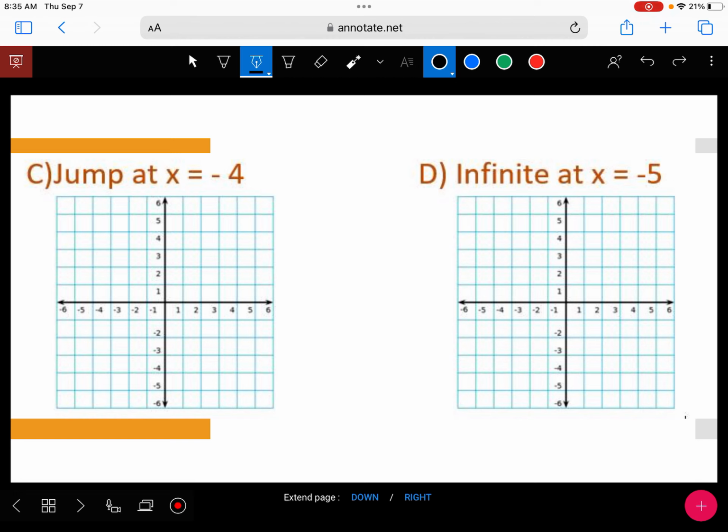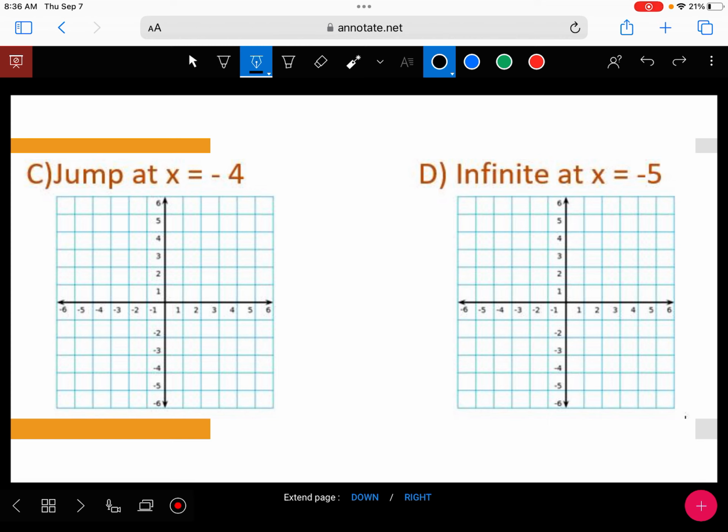So if I draw a vertical line, that doesn't pass the vertical line test. This is not enough. We need to have something else happening here that goes to the left. This is an infinite, looks like.